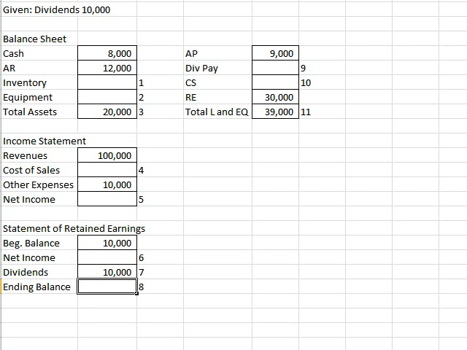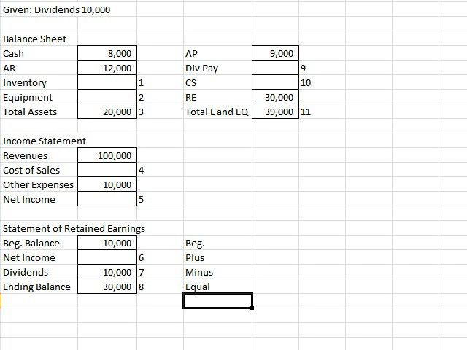Let me fill that in. $10,000. My ending balance of retained earnings is given. There it is on the balance sheet. So what I know now is that my beginning balance plus my net income minus my dividends has to equal my ending balance.